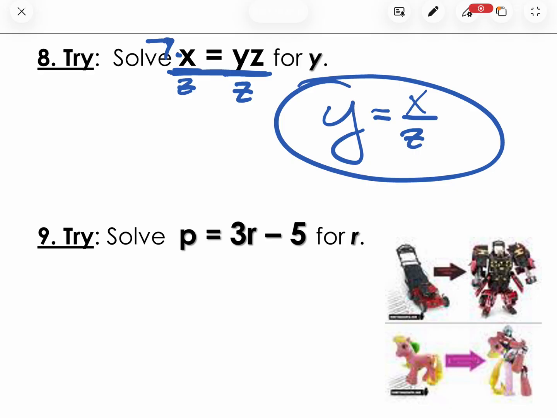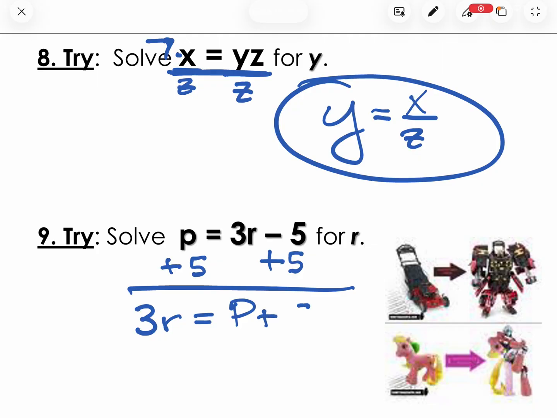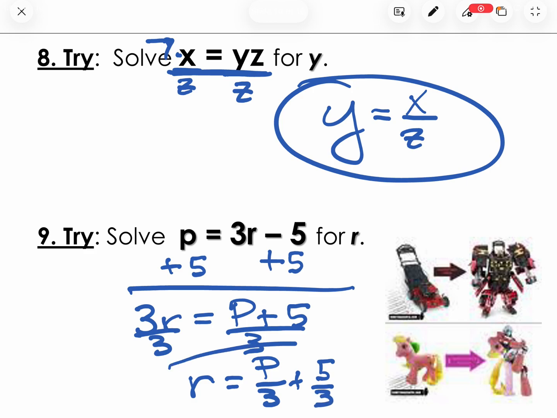Check your work. Here I'm going to add 5. 3r equals p plus 5. Divide both sides by 3. Final answer would be r equals p over 3 plus 5/3. Yay? Now, yes?